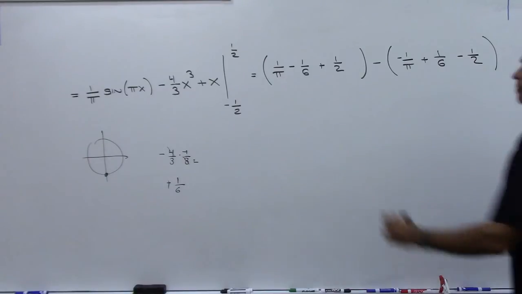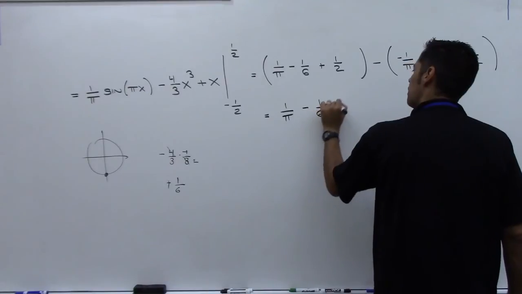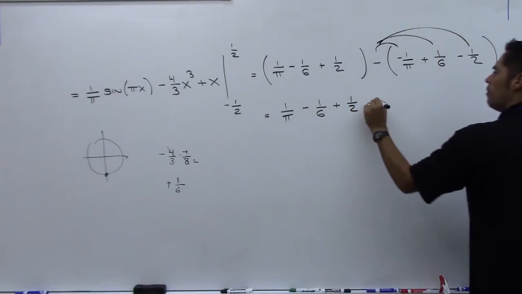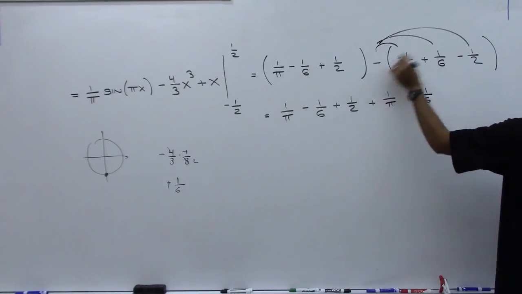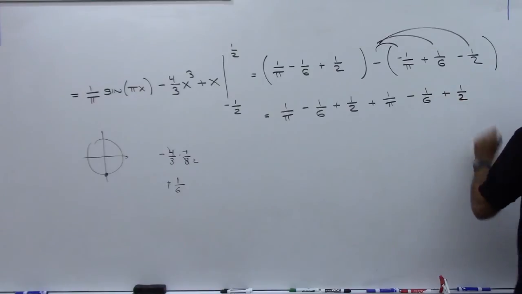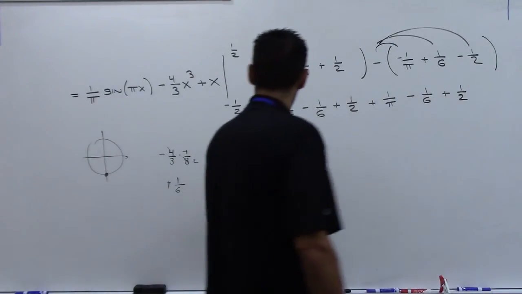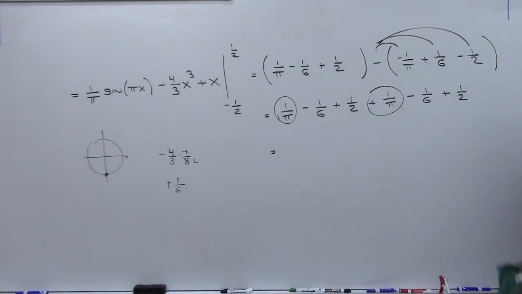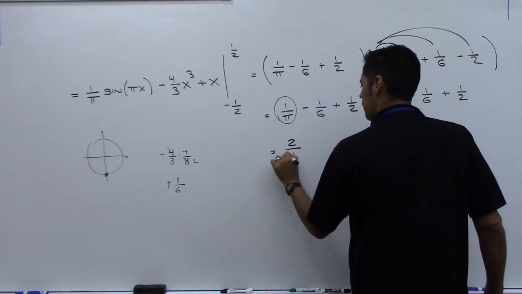All right. This is 1 over pi minus 1/6 plus a half. Distribute the negative through. Plus 1 over pi minus 1/6 plus 1/2. All right, nothing cancels here. If you have 1 over pi plus another 1 over pi, that means you have two 1 over pi's, so that's 2 over pi.